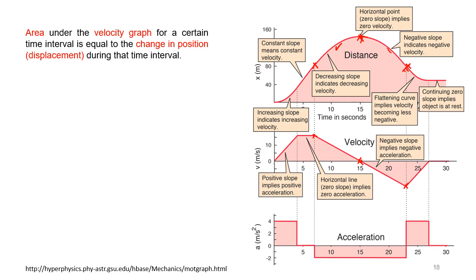So velocity is again increasing here. Velocity is increasing, and then from this point onwards the curve is going to flatten out, velocity becoming less negative here.